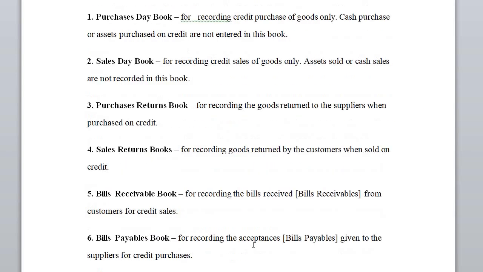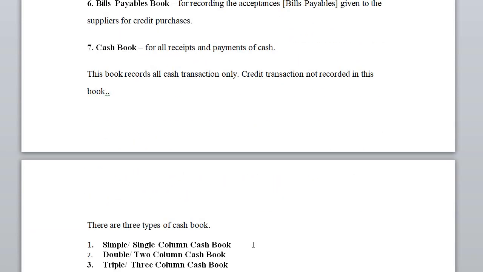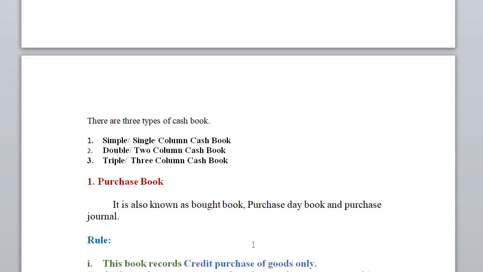So these all are the different types of subsidiary books. We are going to see each and every book with a proper format. We are moving to see the first one, purchase book.